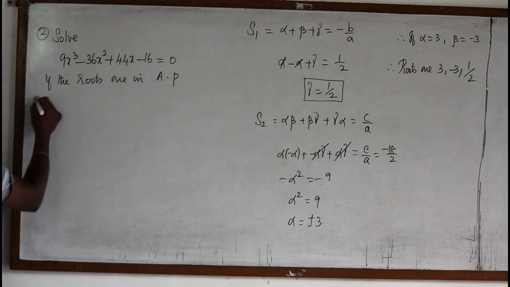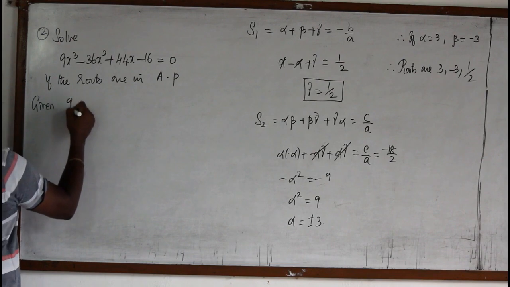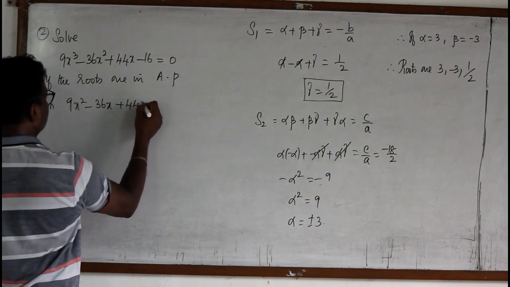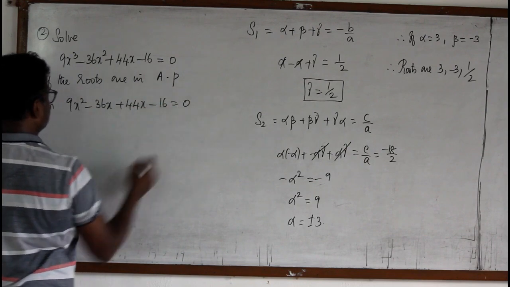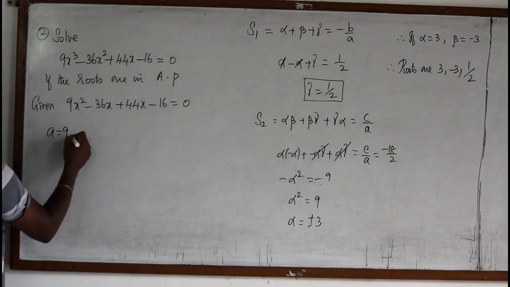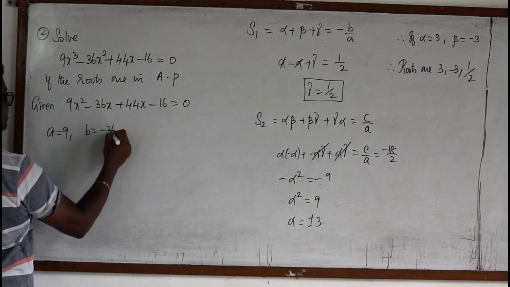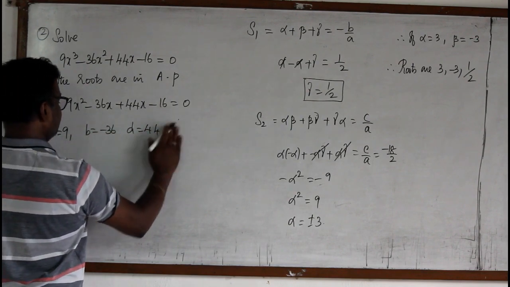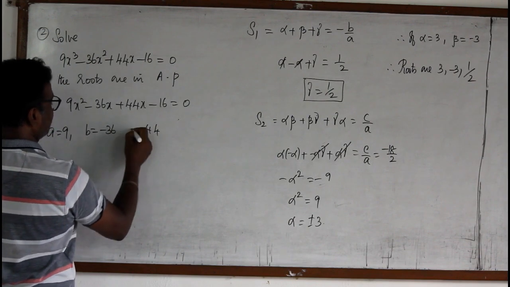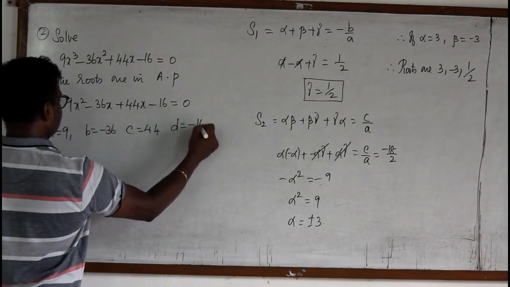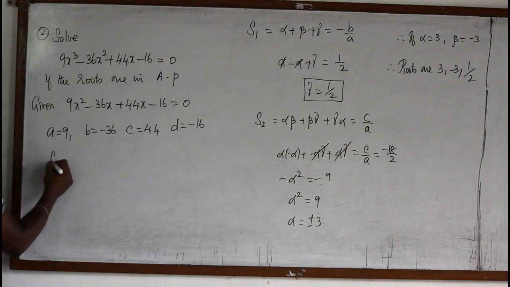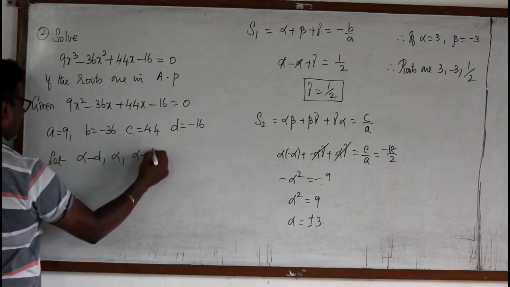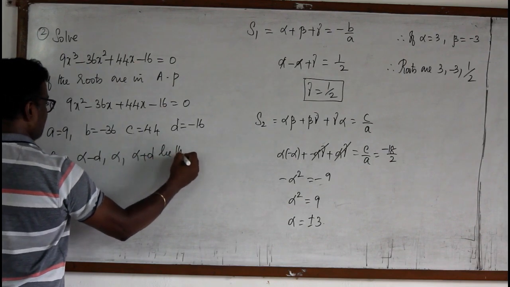So given 9x cubed minus 36x square plus 44x minus 16 equal to 0. Here a equal to 9, b equal to minus 36, c equal to 44, and d equal to minus 16. Let alpha minus d, alpha, alpha plus d be the roots.